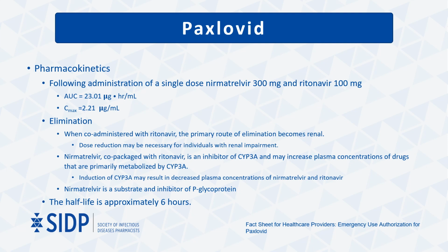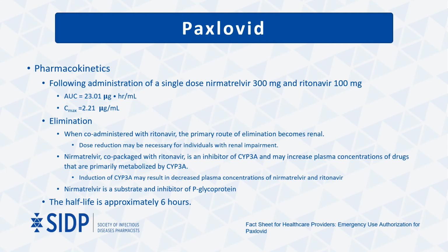With respect to pharmacokinetics, following a single administration of nirmatrelvir and ritonavir, AUC is about 23 micrograms hours per milliliter, and the Cmax is about 2.2 micrograms per milliliter. Each of the individual tablets of nirmatrelvir is 150 milligrams.